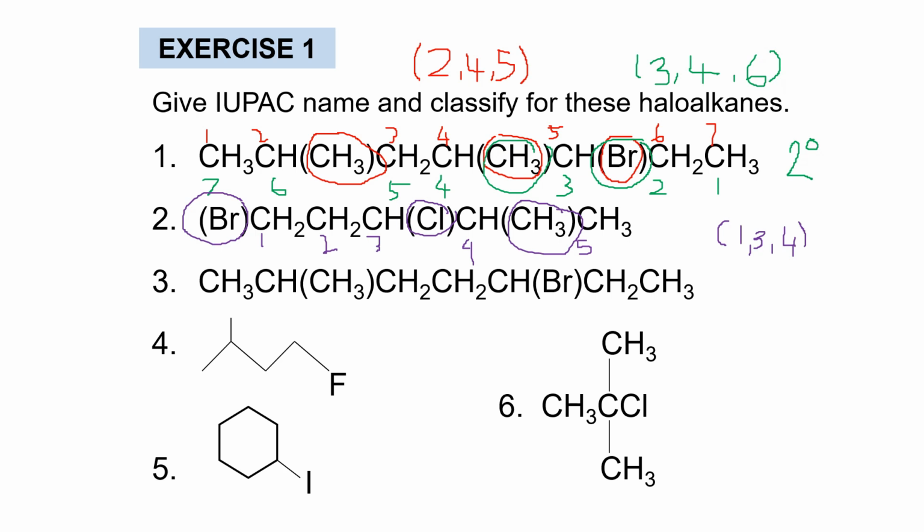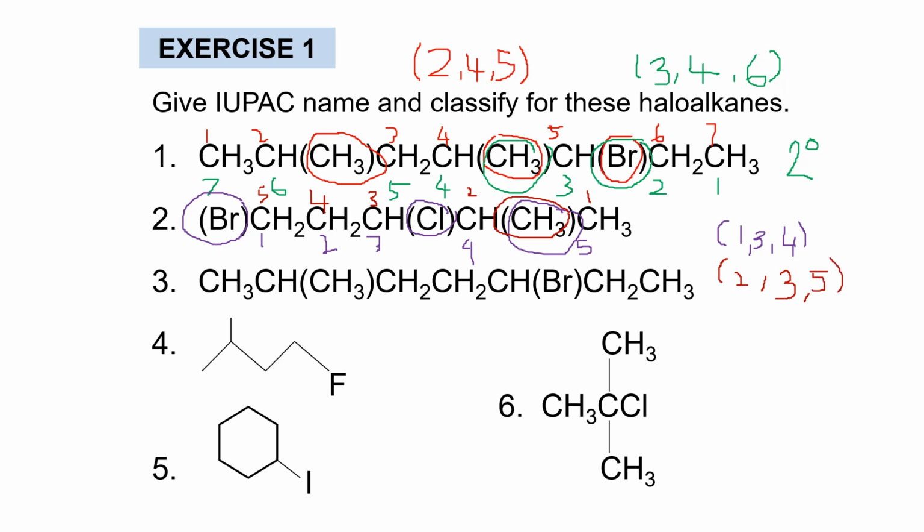But if you start from the right side, 1, 2, 3, 4, 5, methyl will get position number 2, chloro number 3, and bromine number 5.